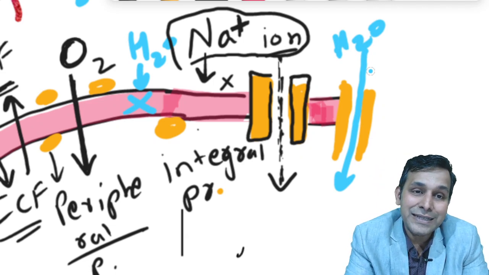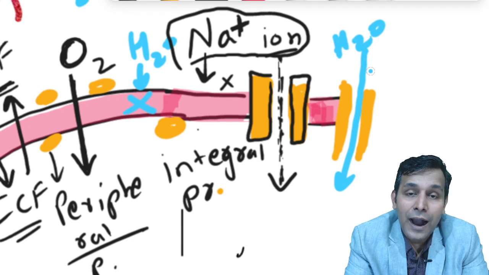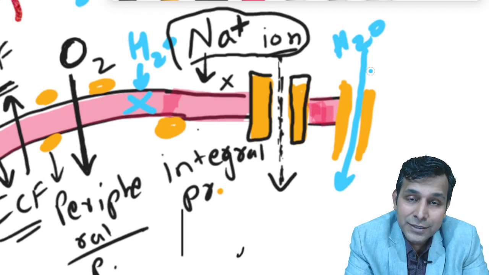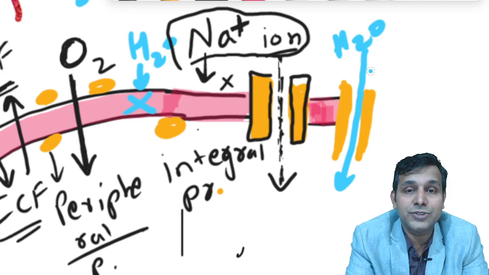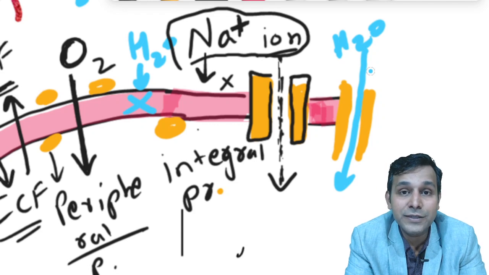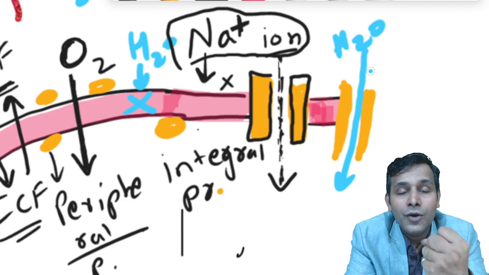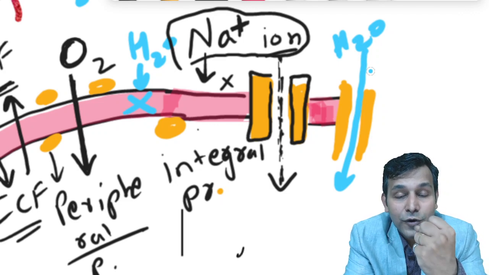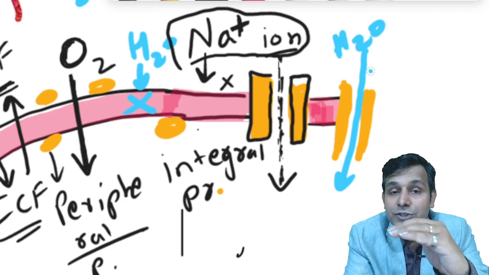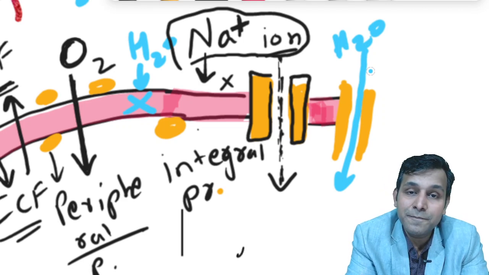Okay, so we'll see in the next topic how these phospholipids or these molecules can form various structures in the body. We'll throw some more light on how different types of phospholipids form different structures. First we have studied the lipid bilayer.